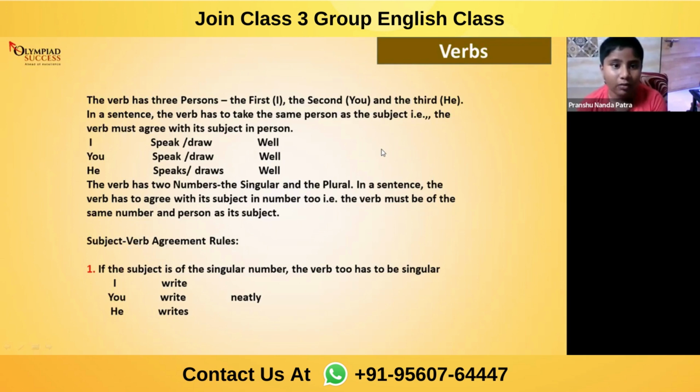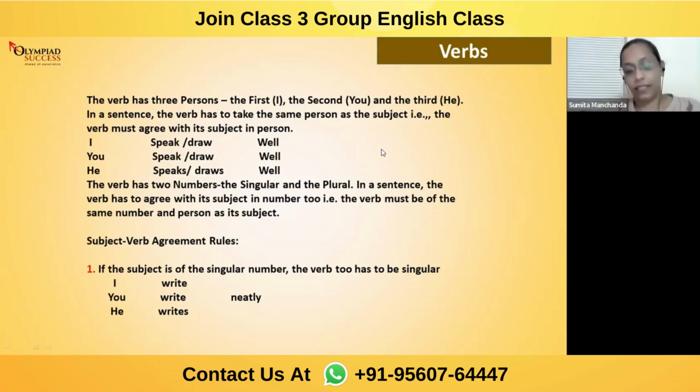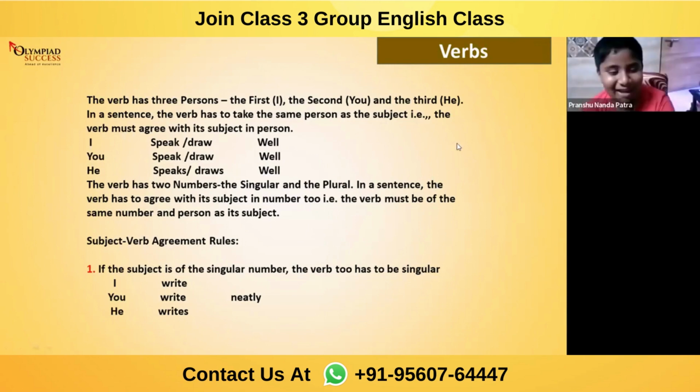And in a noun, we make the plural by adding s or es, and the singular is without adding s or es. But in the verb, it's just the opposite. When we add s, it becomes singular, and when we do not add s, it becomes plural. Very good. Lovely. It seems as if I'm only explaining.